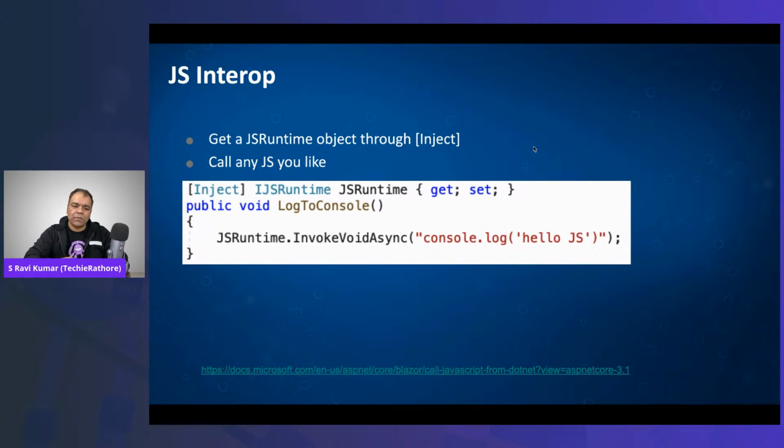You do this by injecting the IJSRuntime class, and then you can call any JavaScript method using JSRuntime. This is the syntax we can use to show alerts, or if we want to use a library written in JavaScript, for example chart.js or d3.js, we don't have to rewrite that whole library. Any kind of library we want to use, we can use JavaScript to do that.